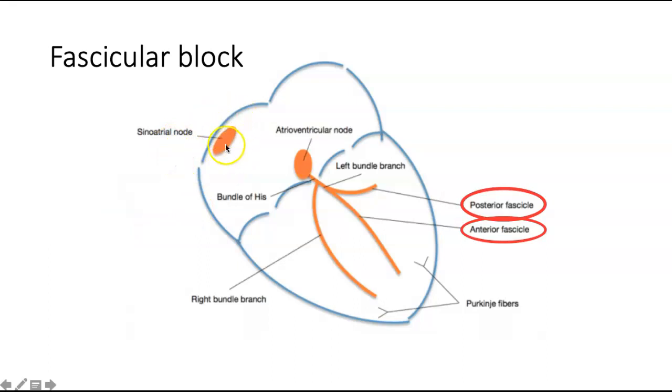So we have the SA node, the conduction will travel to the AV node, the bundle of His, and then the left bundle and the right bundle. The fascicles are actually distal to the left bundle branch. And so there's the posterior fascicle and the anterior fascicle, and then out to the Purkinje fibers.